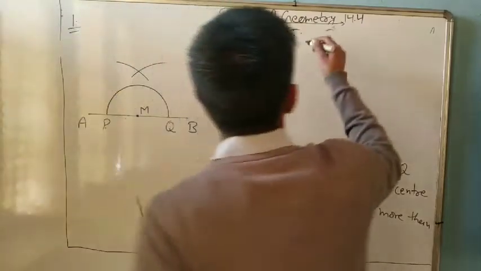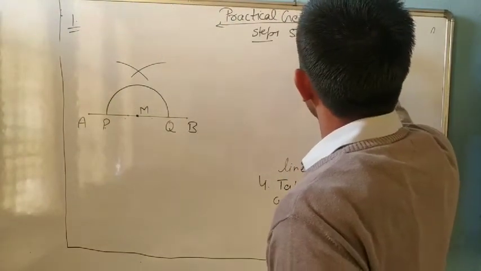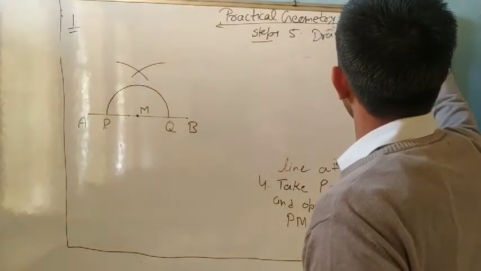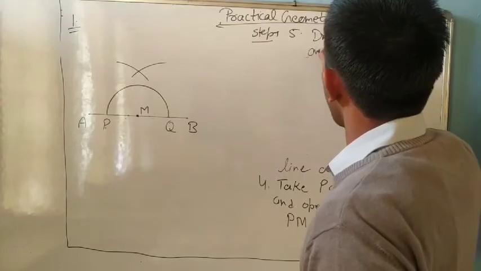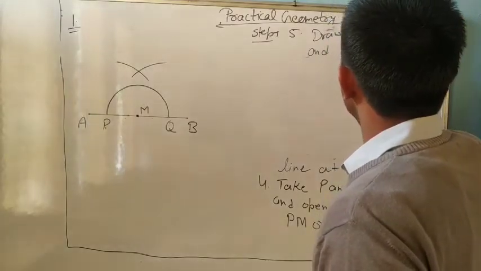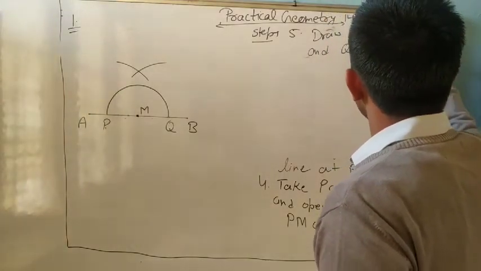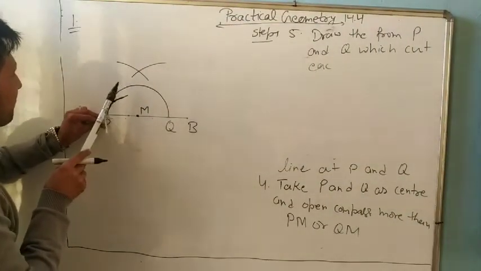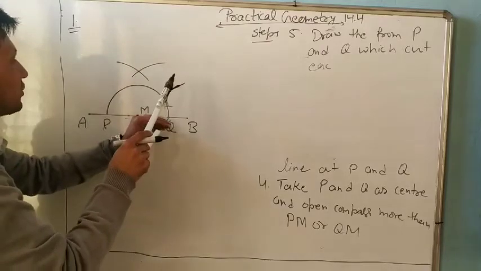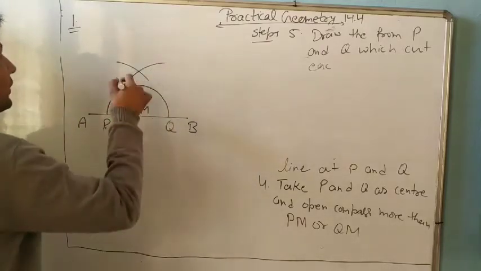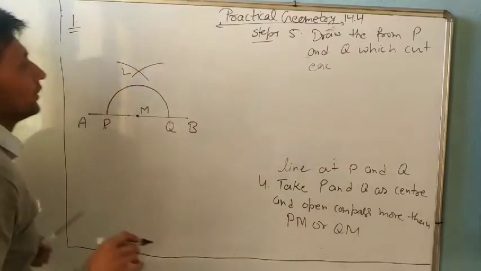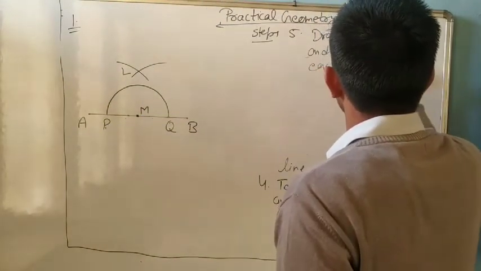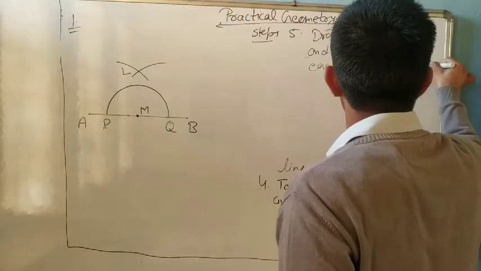To write: draw the arcs from P and Q which cut each other. When we draw an arc from P like this and from Q like this, both arcs cut each other at some point, suppose point L, which cut each other at L.